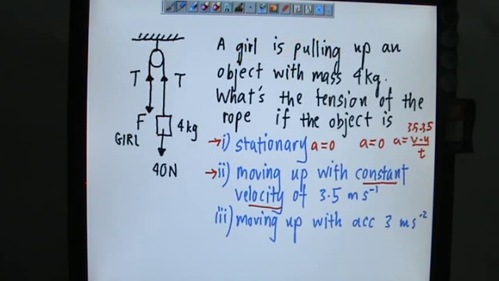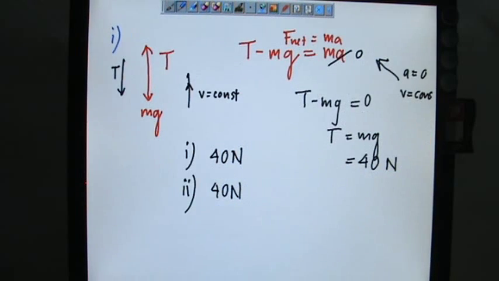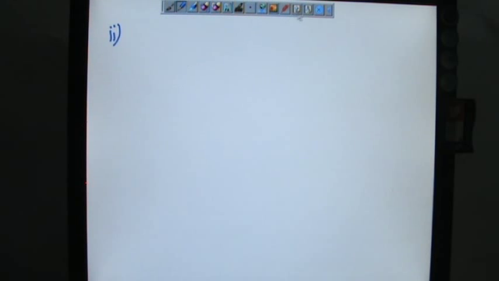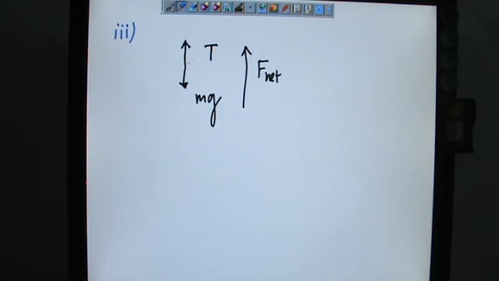Number 3, let's look back at the question. It moved up with acceleration of 3 meter per second squared, meaning the object is able to move up with a net force. Let's say here 10, let's say here 4.